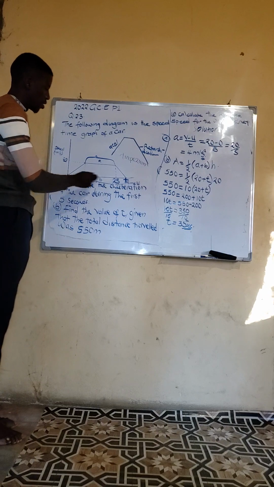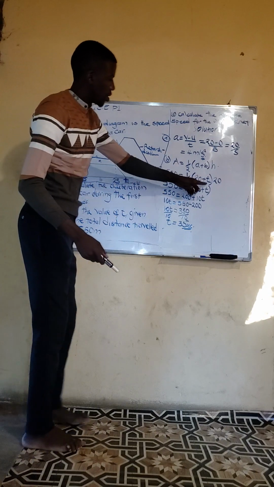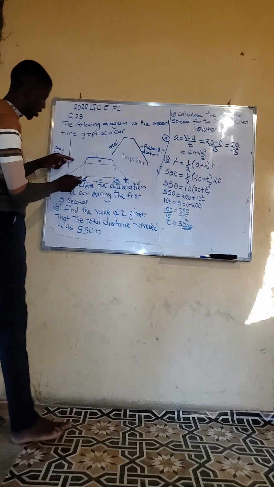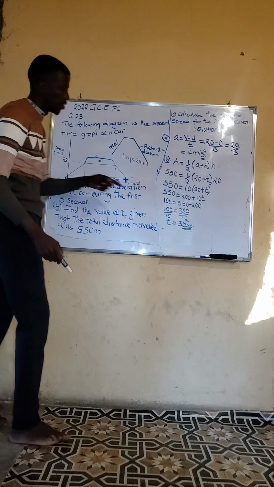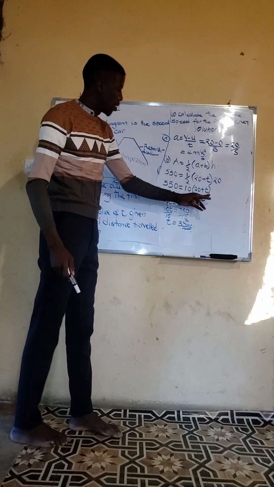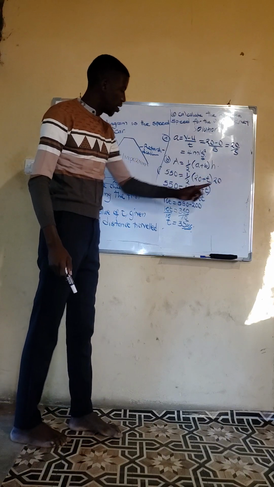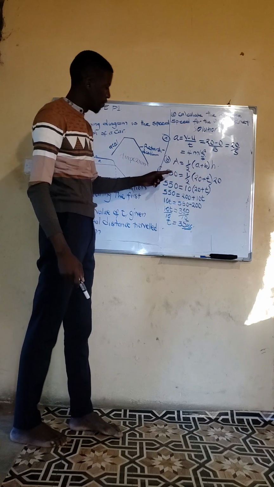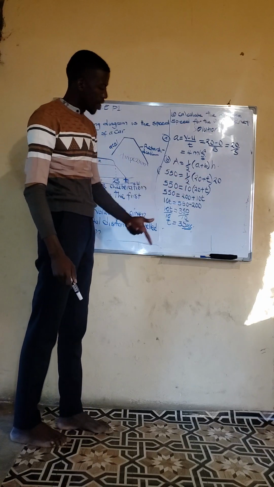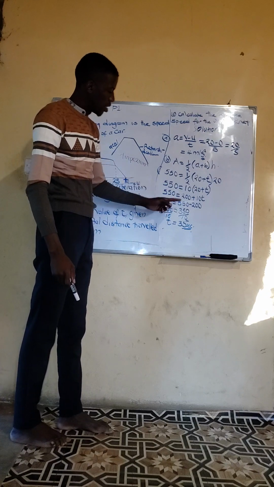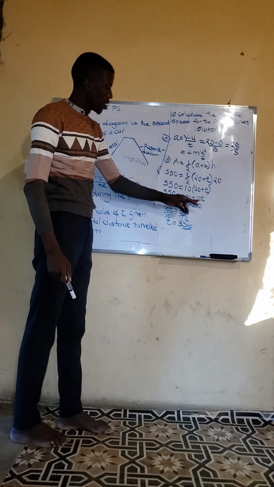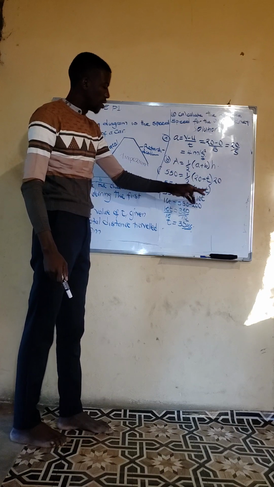Then T is from here to there, which is that T there, and that is the B. Then the 20 is the height. From here to there, that becomes the height, which is 20. When we came here, we found the half of 20, it gave us 10. Okay? The 20 plus T is the same, the 550 is still the same. Then you open brackets, 10 times 20, that is 200, plus 10 times T, that is 10T.